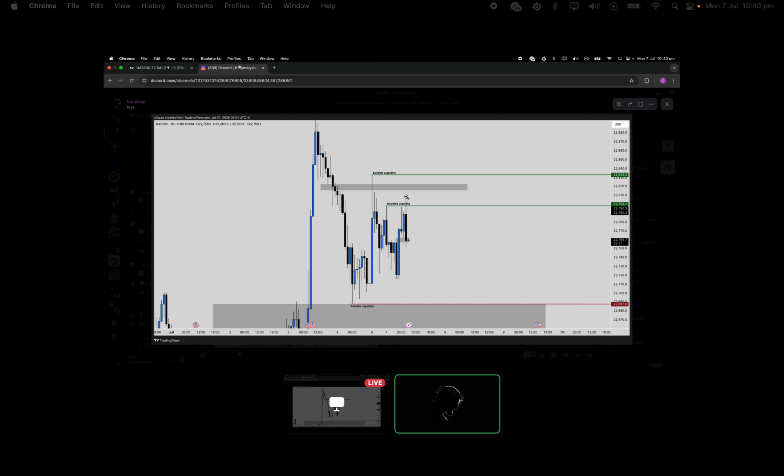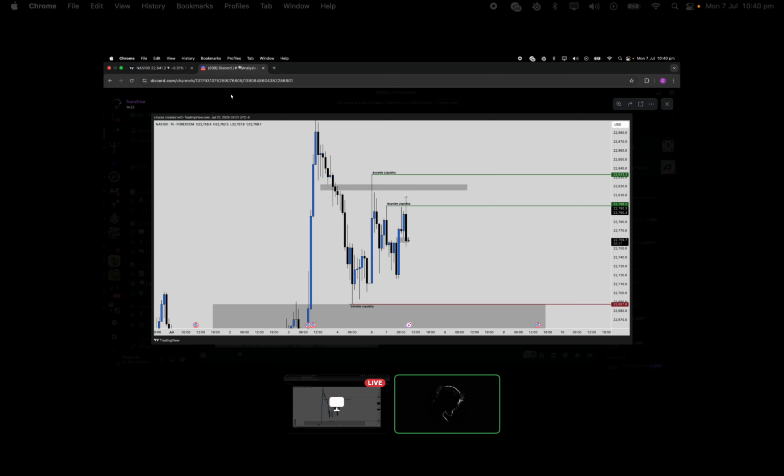So from this trade, you wouldn't be targeting this low. You'd be targeting this low right here, because even though the sell side is down here, this is pre-market. This is prior to 9:30.